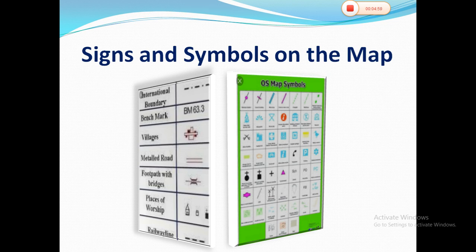The boundaries of a place are shown by dashes and dots. A railway line is shown by a long line with small dashes across it. Some of the signs and symbols commonly used on maps are given below.